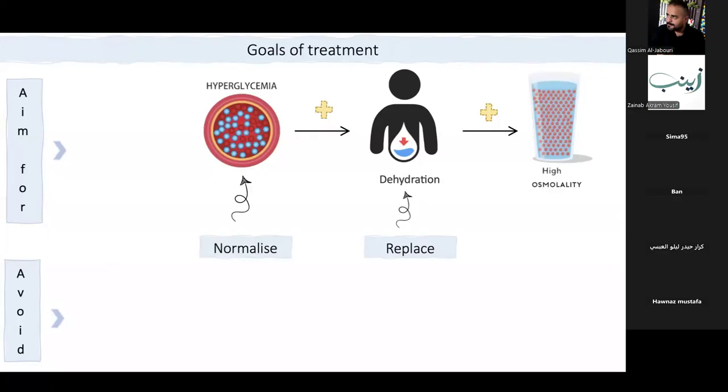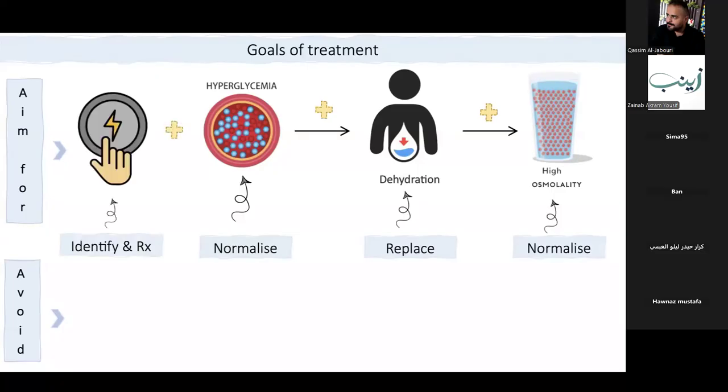The second goal is to replace the fluids and to normalize osmolality. In addition to that, your main goal as well is to identify and treat the precipitating factor, the event. Whatever that event is, you need to identify it. So the initial goals should be the four we mentioned here.